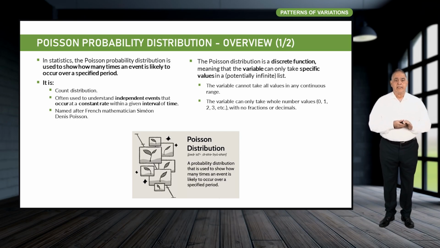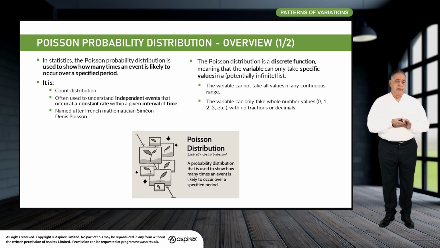It is a count distribution. In other words, we use discrete data, and it's also used to understand independent events that occur at a constant rate within a given interval of time.